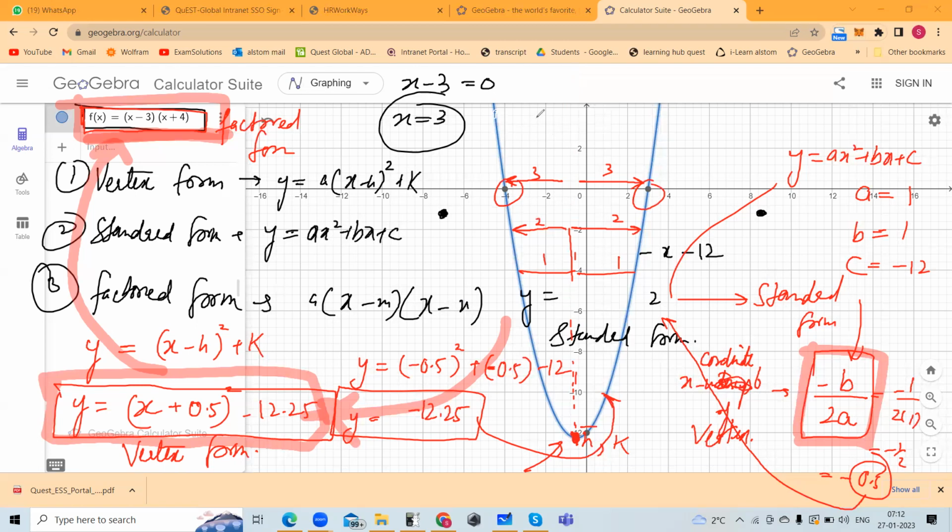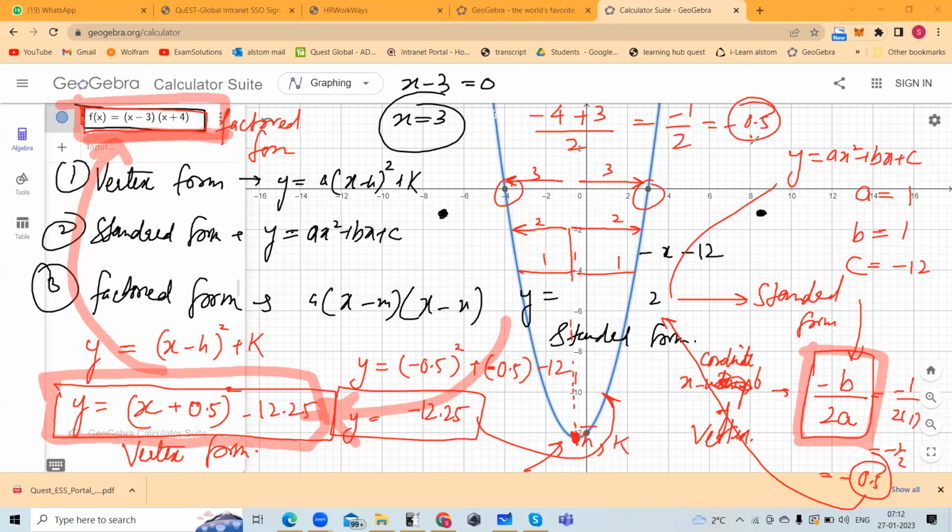You calculate the midpoint simply. -4 plus 3 divided by 2. Midpoint is adding the two numbers divided by 2. So we're having the two numbers as -4 and 3. -4 plus 3 is -1, divided by 2 will be -0.5 again.